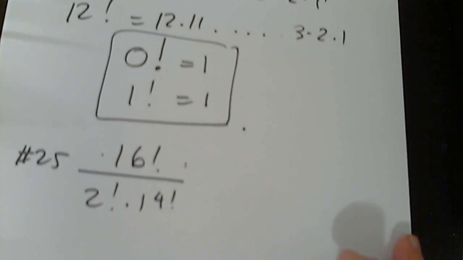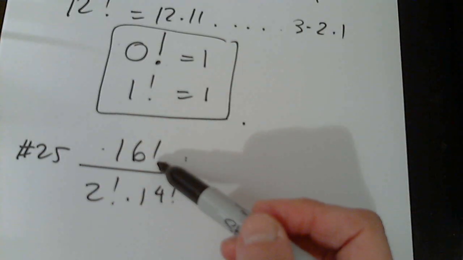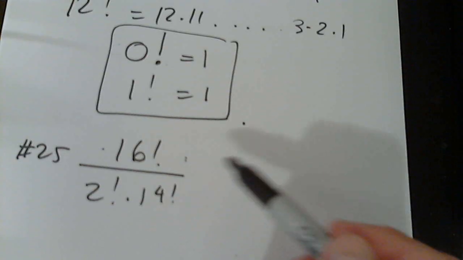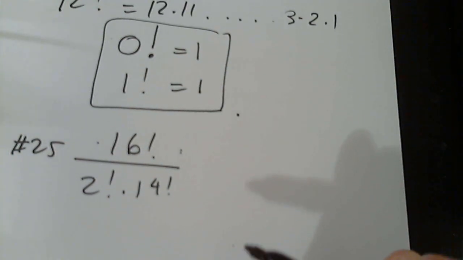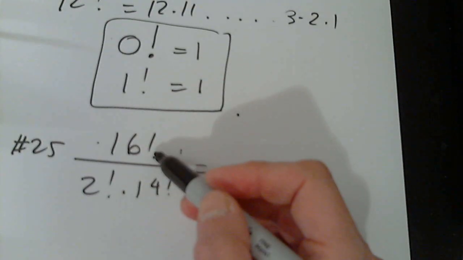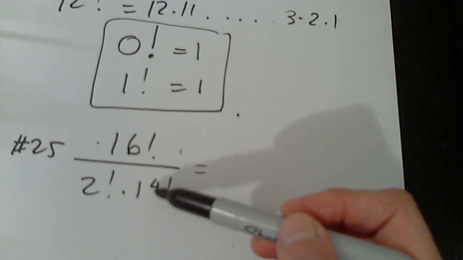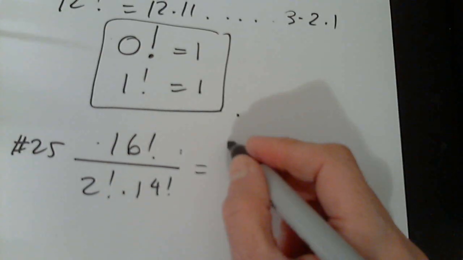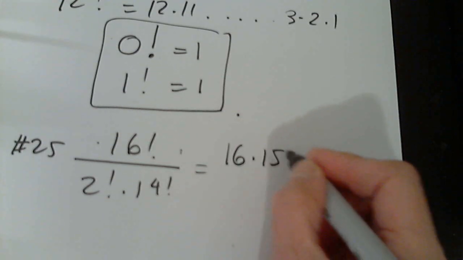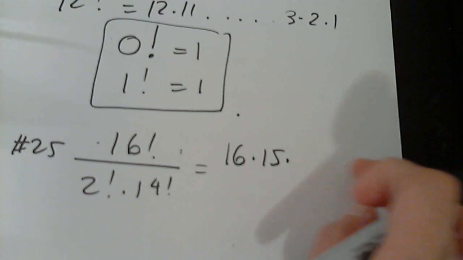I'll show you with a graphing calculator. However, the calculator may or may not be able to calculate 16 factorial. I don't know. But here's the easiest way. 16 factorial, 14 factorial, 2 factorial. Of 16 and 14, 16 is the biggest. So I'm going to write it as 16, multiply by 15, and I know what follows: 14, 13, and so on.